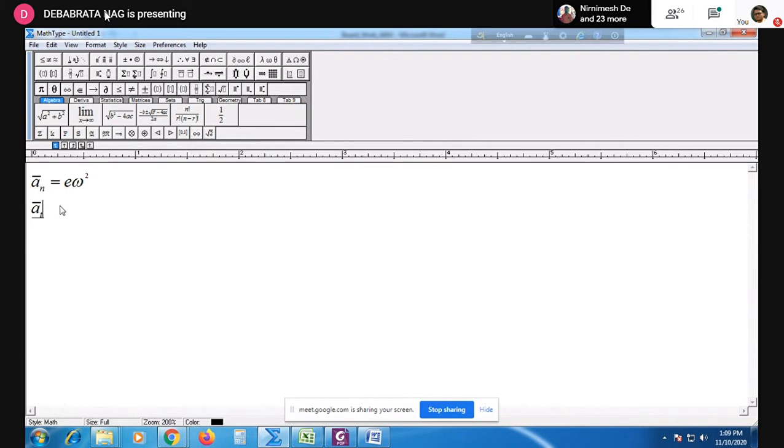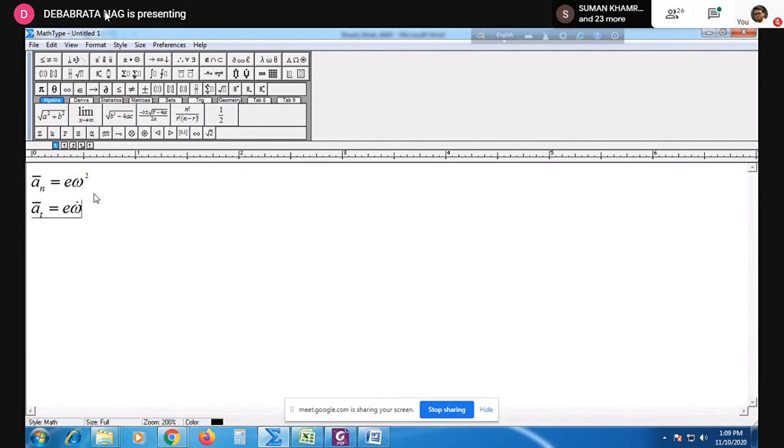I equate it to this E, and then this is omega, so I write omega dot.